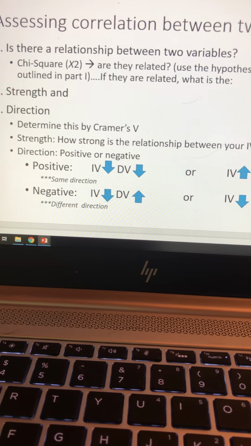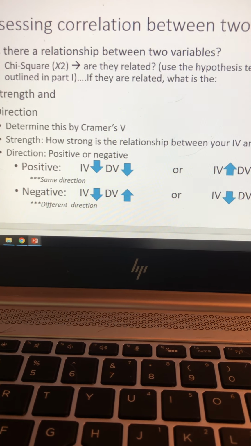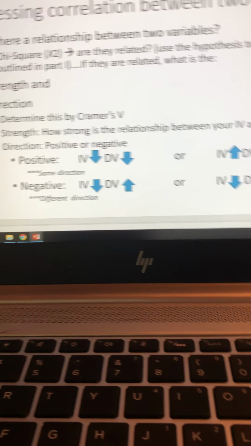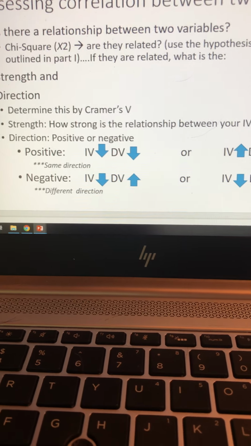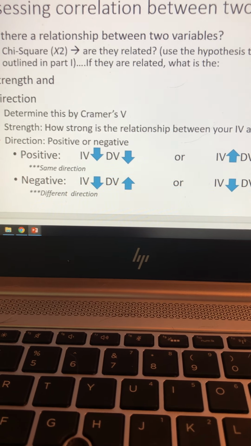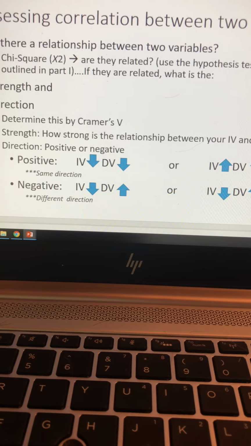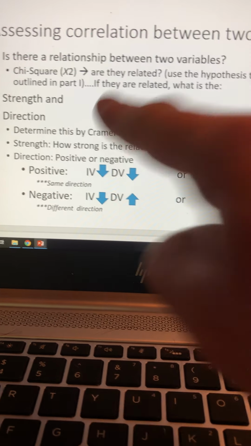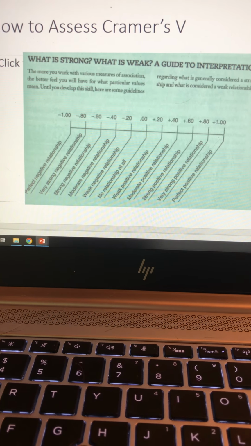You either reject the null and say they are related, or you fail to reject the null and you say they're not related. If they're related, then you can go ahead and assess Cramer's V. If they're not related, there's no point in assessing the strength because there's no strength. They're not related to each other. So in order to assess the strength and direction, we use the chi-squared value and the Cramer's V equation. And this is from your book. It's a nice little guide.